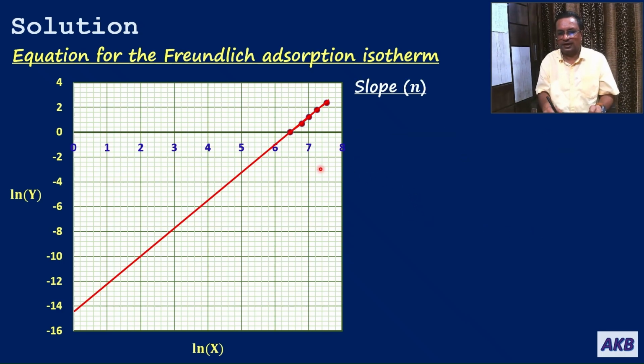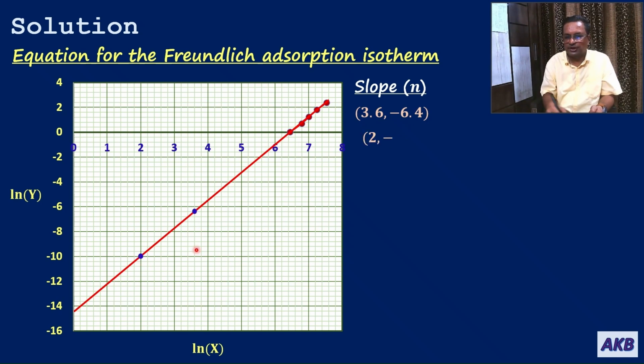Now we have to get the constants. First of all, we will get the slope. For getting the slope, I am considering this point. Any 2 points you can consider. This point has coordinates of 3.6 and minus 6.4, and I will consider another point over here. This point has coordinates of 2 and minus 10. So now I can get the slope.